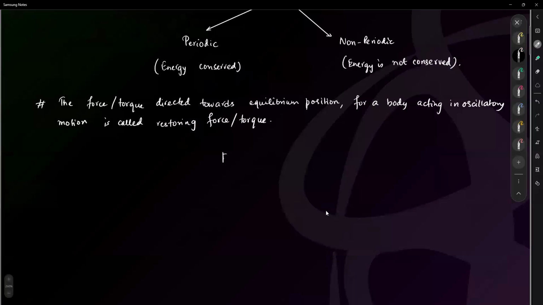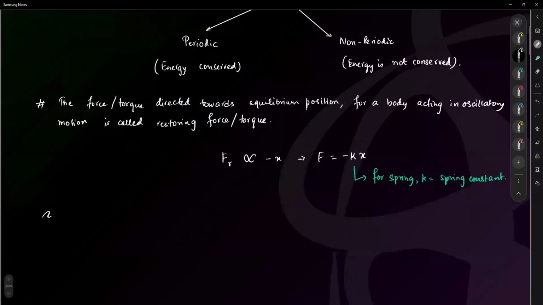That is, F is proportional to minus x, which implies F is equals to minus kx. Okay? For a spring, K is spring constant. Okay?